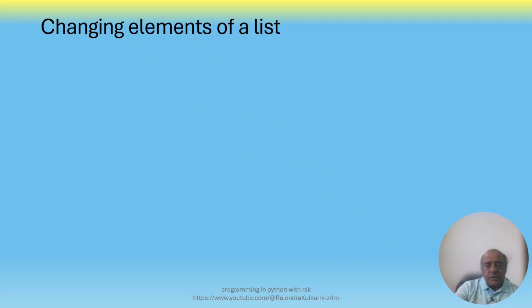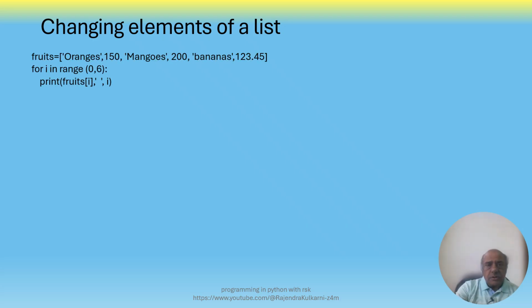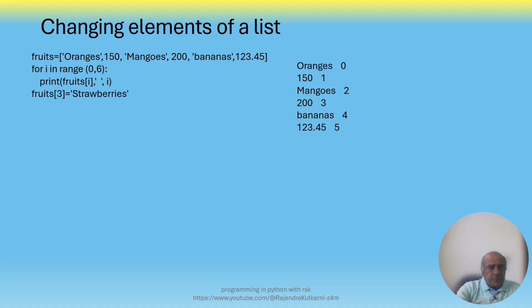Changing elements of a list is possible. We cannot add a new value, or a new constant, or a new int or float or other variable to a list simply using an index, but we can change the list using an index.